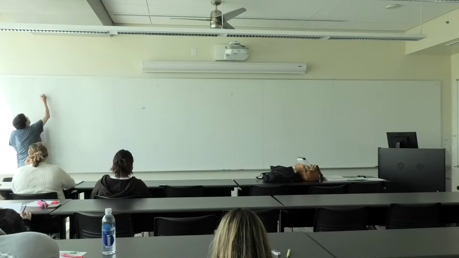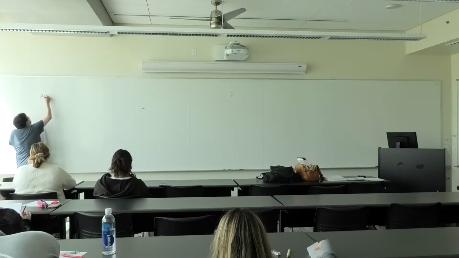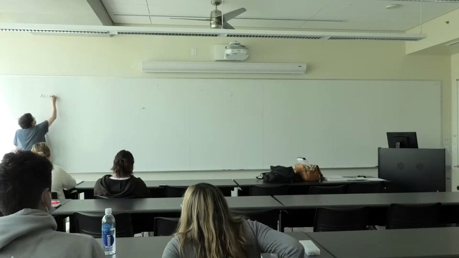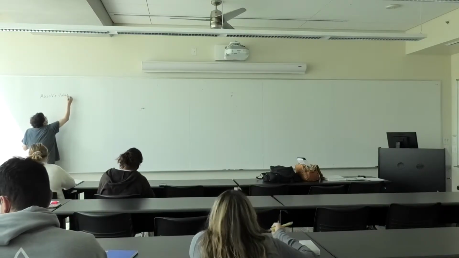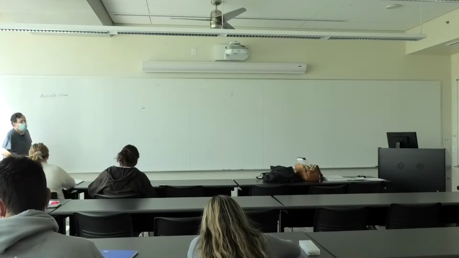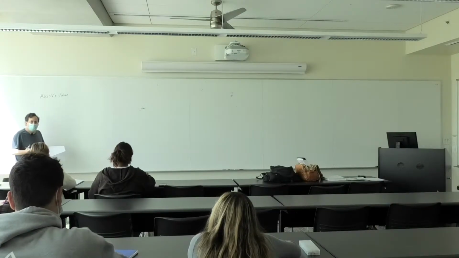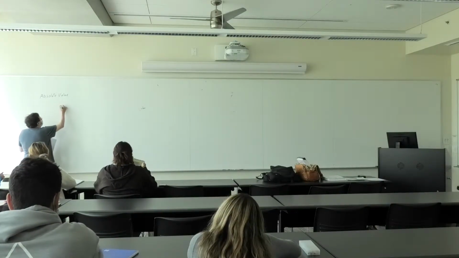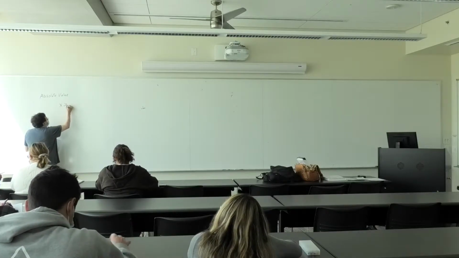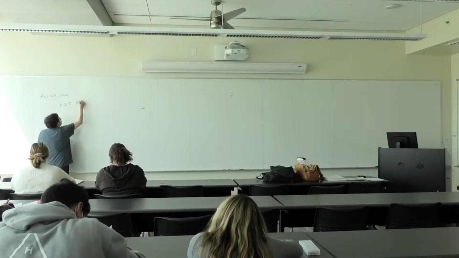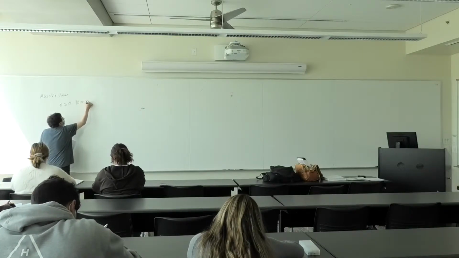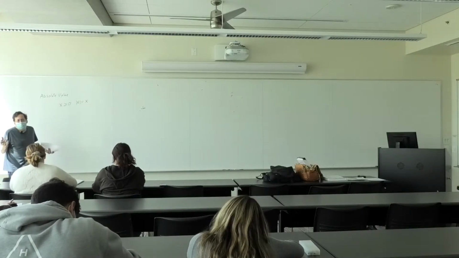We're going to talk for a minute about the absolute value of a number. Well, if x is greater than or equal to 0, then the absolute value of x is just x. If x is positive, it's just the number.